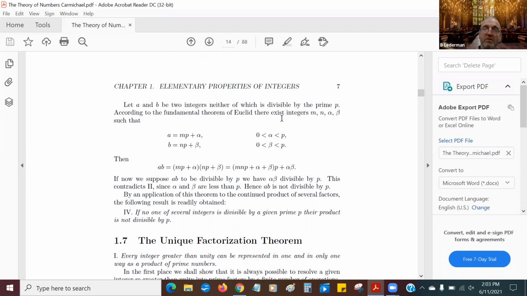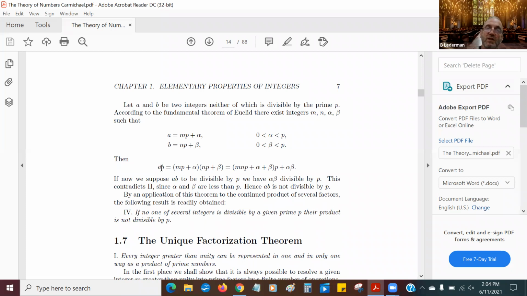This is like the division algorithm: a equals mp plus alpha, b equals np plus beta. Alpha and beta are each less than p, so they're the remainders. And I want to take these two equations and multiply them together, multiplying the two left sides and the two right sides. Usually we add two equations together, but here we're multiplying them, because equals multiplied by equals are equal.